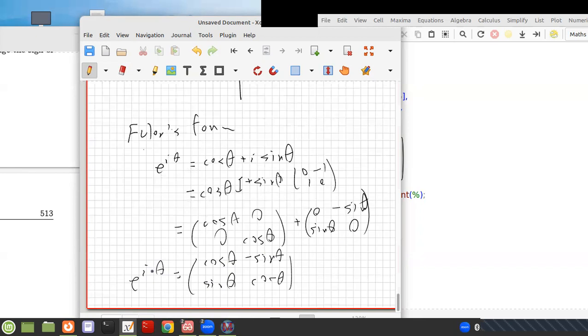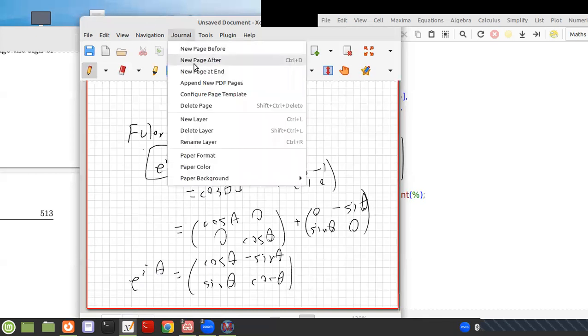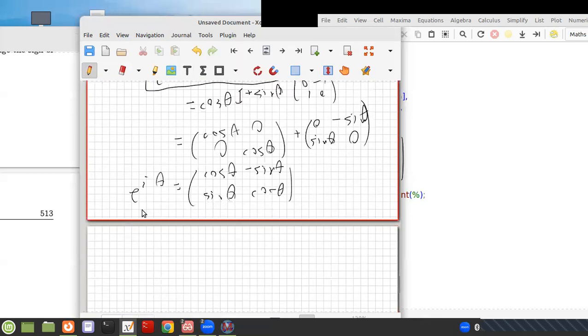So now, in some sense, if you want to connect up this form here, the problem is, how do you define e to the i theta?